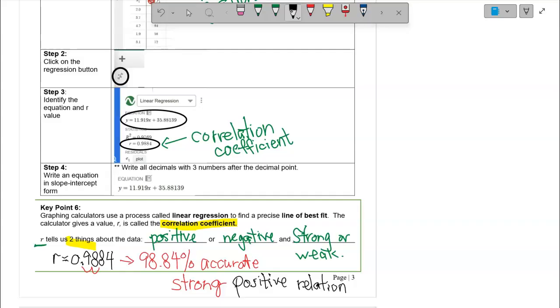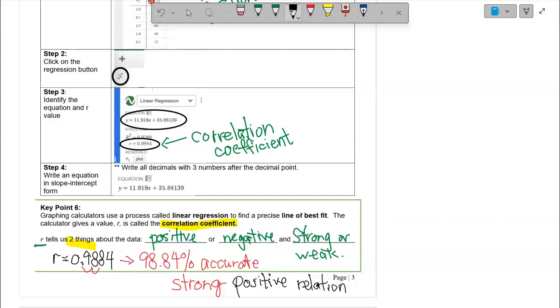It means that you can depend on this line for the most accurate prediction. Now, if your R turned into a percentage like 2%, that means you have a 2% accurate equation. That's going to be really weak, but still positive because the R number is still positive. So you have a weak positive relation if that percent was 2%. But because this is so close to 100%, this is a really strong one.